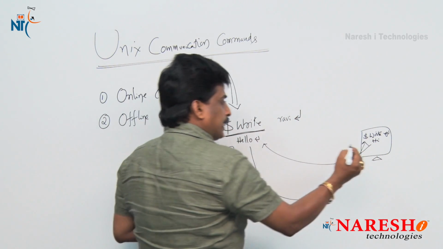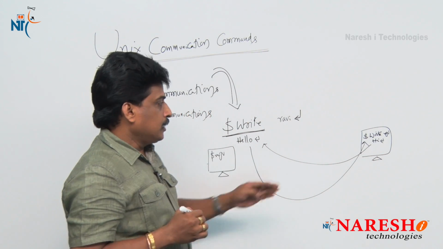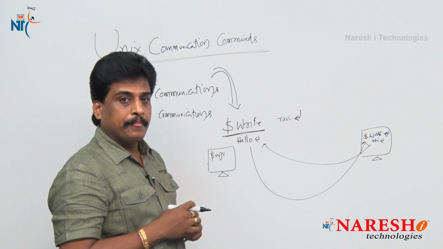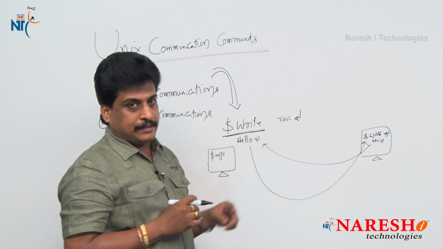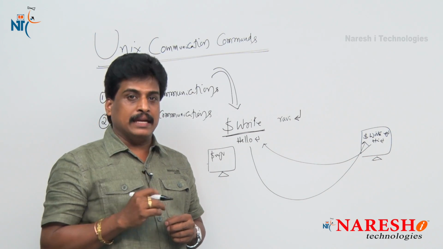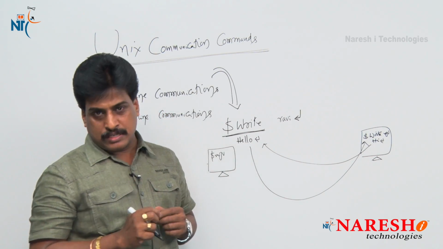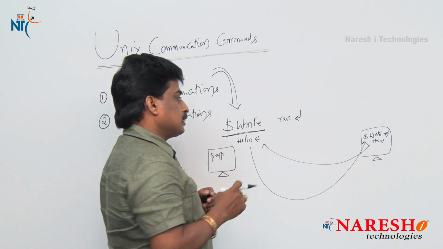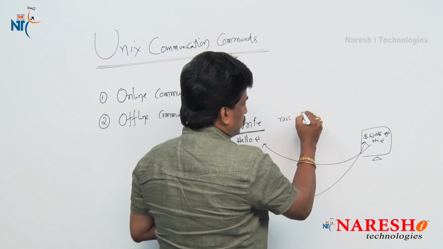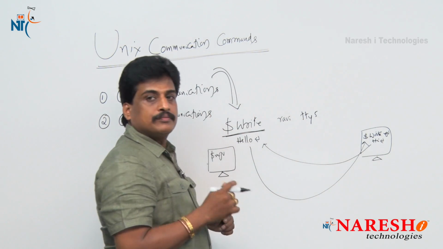Once you hit the return key, the command is executed successfully and goes to the concerned terminal or concerned user. If a user is duplicated, meaning in my network, in my intranet, Ravi has 2 members available or 3 or 4 members available, that time you need to mention the concerned terminal number also.